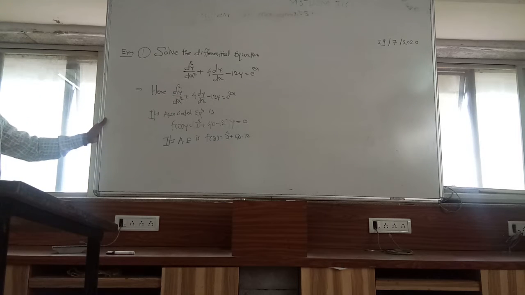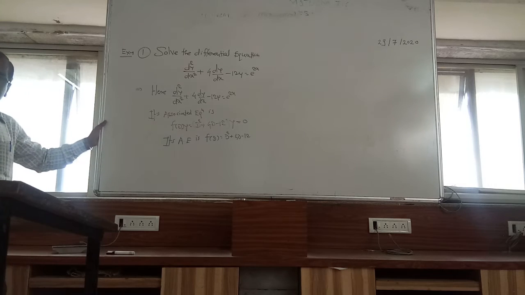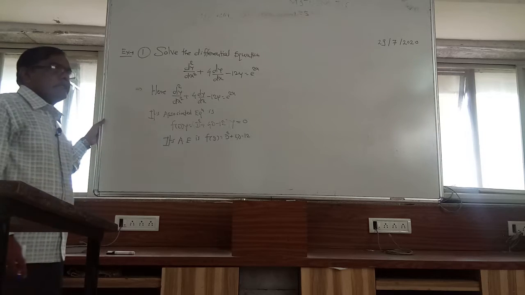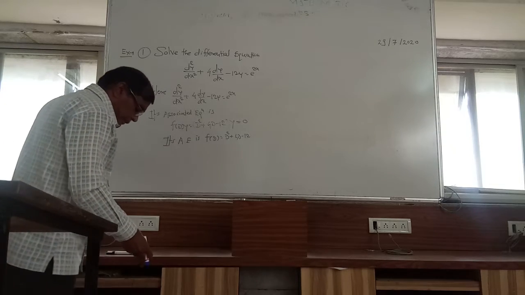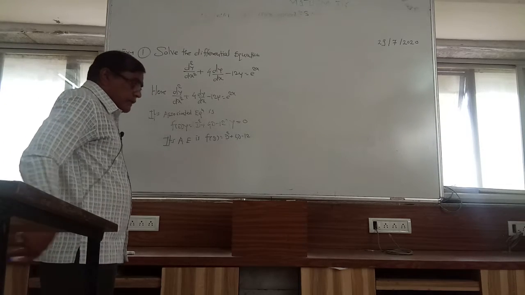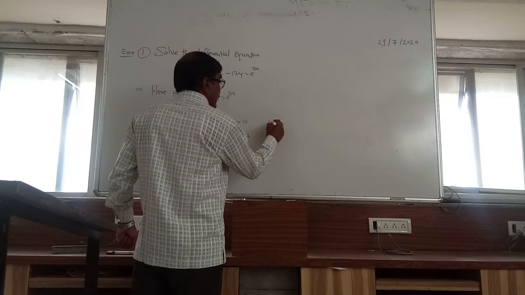In a previous lecture, we have seen f of D is a polynomial in D with constant coefficients. So we can factorize this polynomial into distinct factors. Here the constant is minus 12.